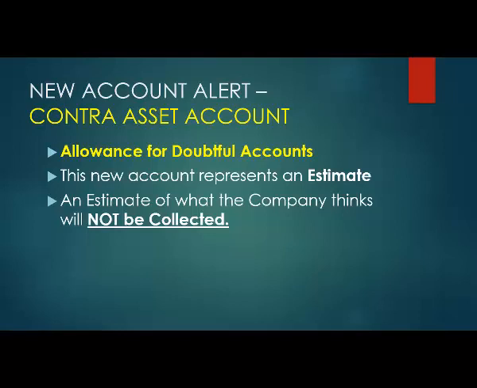Some textbooks say Allowance for Uncollectible Accounts. This account is an asset, but it is a contra asset, and that means that it has a normal credit balance. This account serves as a type of reserve that a company can use to write off customer accounts which cannot be paid.